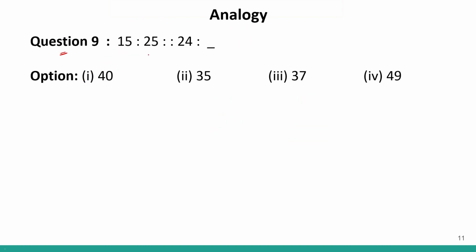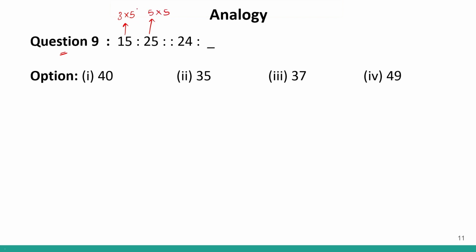Question number 9, we have 15, 25, 24, and we have to find the missing term. So 15 and 25, I can clearly see this is plus 10. So we can have 24 plus 10, I will get 34. Do we have 34 in the options? No. So this is not the logic that is being used by the examiner. So now I can see 15 can be written as 3 into 5 and 25 can be written as 5 into 5.